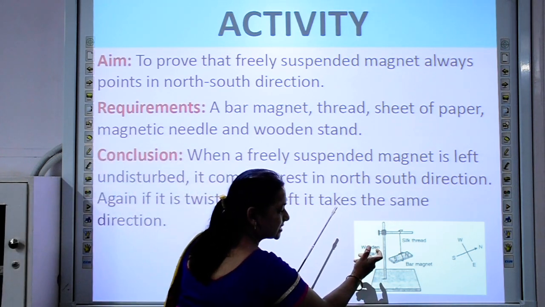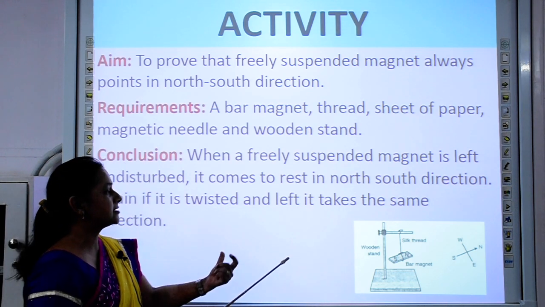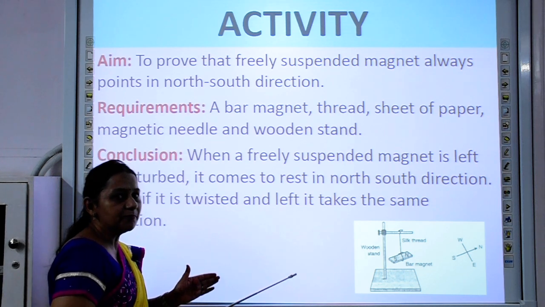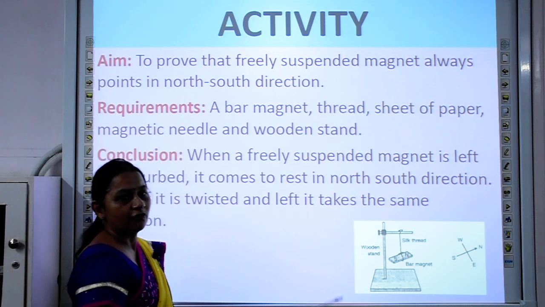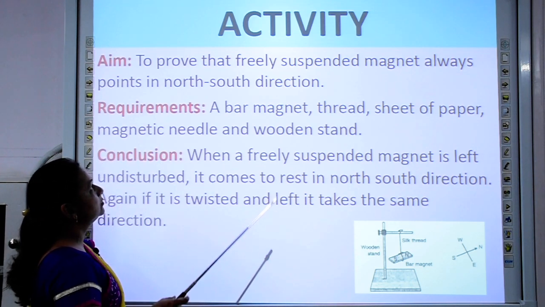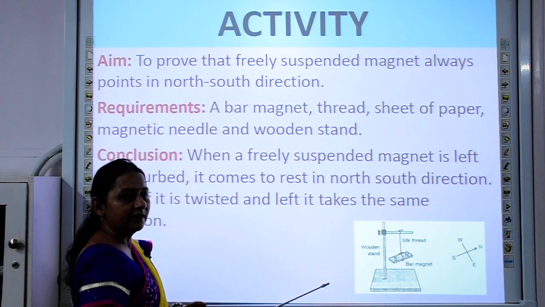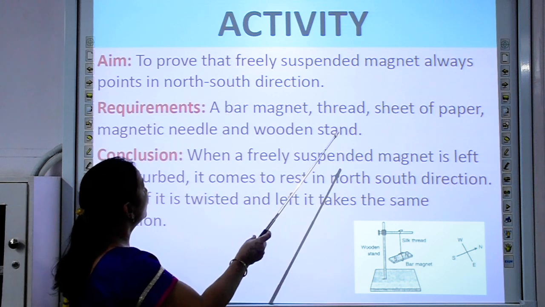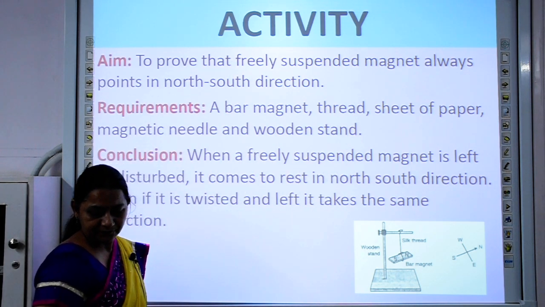Again, if we give a slight twist to this magnet, when it comes to rest, it takes the same position, the north-south direction. From this activity we conclude that whenever a magnet is freely suspended, it always points in the north-south direction.